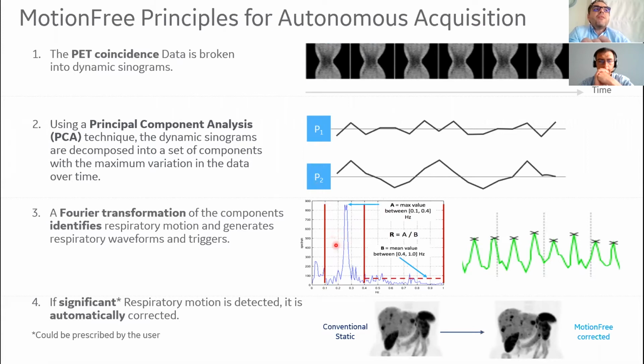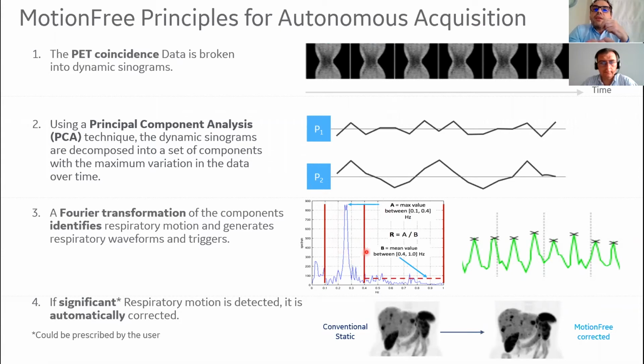We can calculate the motion frequency rates, remembering that respiration normally has a period of 2.5 to 10 seconds, which means a frequency of 0.1 to 0.4 hertz. So if we identify a frequency in that signal in the range of 0.1 to 0.4, this means that it corresponds to respiration, and we have to correct for it.